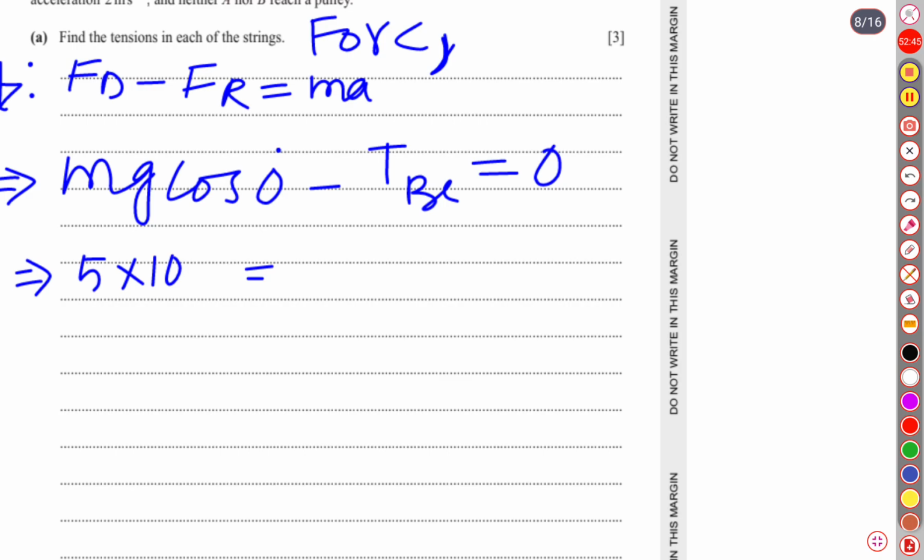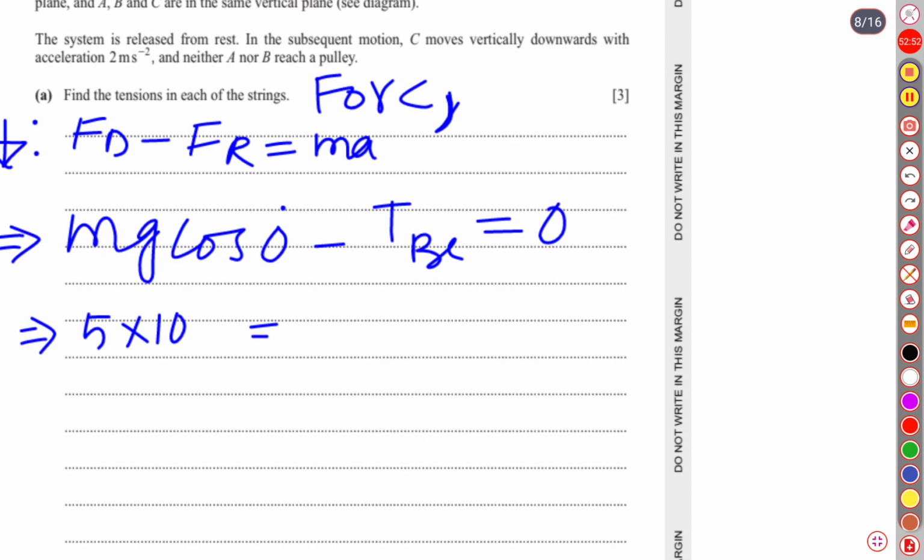Sorry, it is not in equilibrium, it was released. Look at this, it is written the system was released and acceleration was 2, so it cannot be 0, rather it is going to be mass into acceleration. Mass is 5, so 5 into 10 minus 5 into 2 is equal to the tension in the string BC.